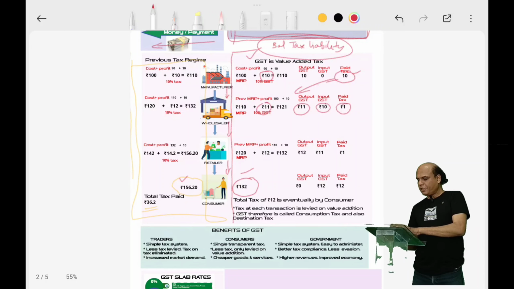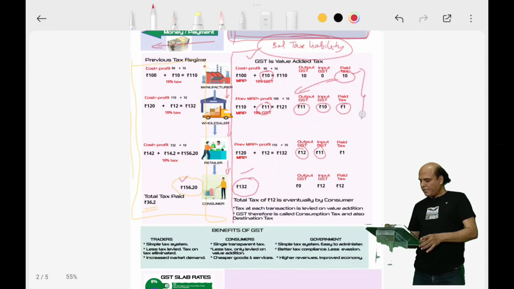He collected from the wholesaler and deposited. Likewise, the retailer has bought from the wholesaler; his output GST is 12 rupees and his input GST is 11 rupees. So he is only paying 1 rupee. If you see, the total tax that is being paid is 10, 1 and 1, 12 rupees.